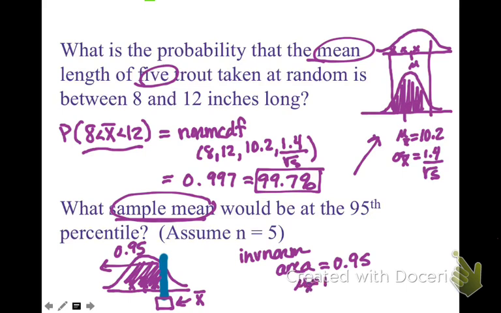My mean of my x bars is 10.2, and since this is a sampling distribution, I'm using the standard deviation of x bar, which is 1.4 divided by the square root of 5. If I do this calculation, I find that a sample mean equal to 11.2298 is at the 95th percentile, meaning 95% of all the samples of size 5 of trout from this pond would have a sample mean of 11.2298 or lower.